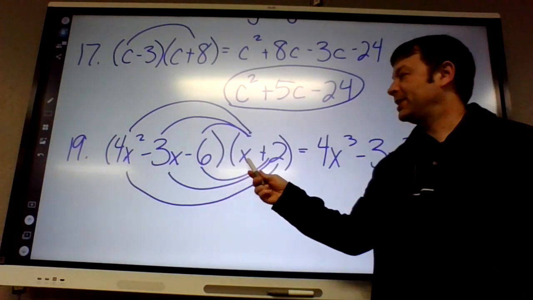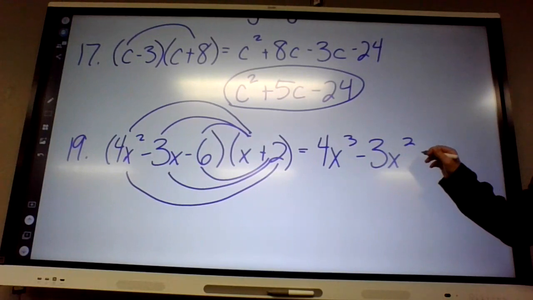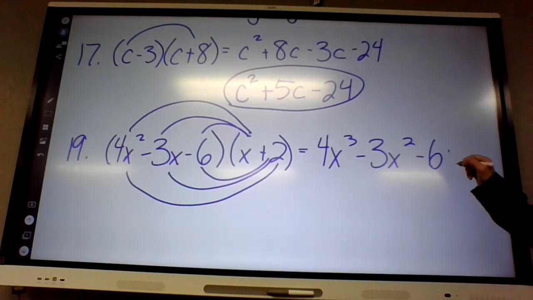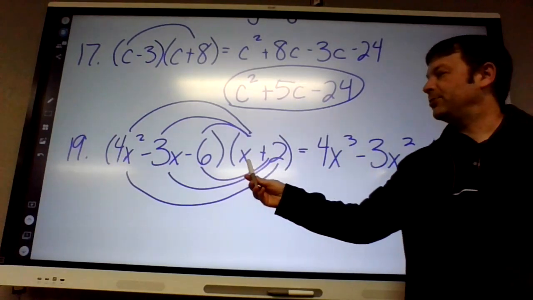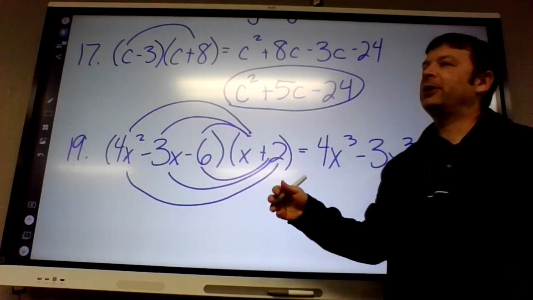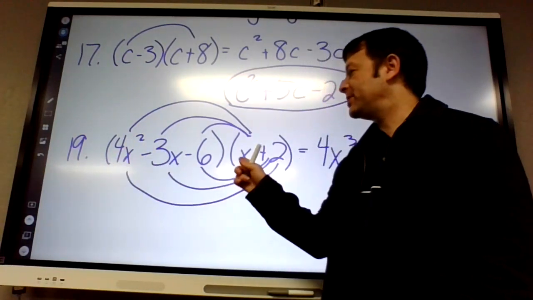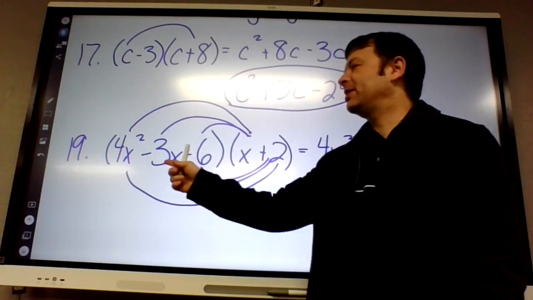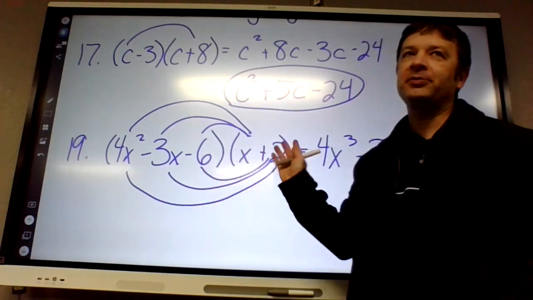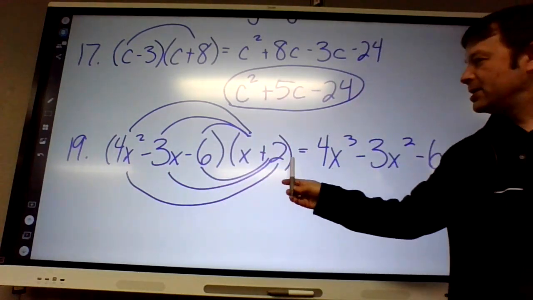And negative 6 times x? Negative 6x. Okay, and so we're done with the x. Now, oh, I remember what I was going to say. We could also go backwards. You could do 4x squared times both of these, negative 3x times both of these, negative 6 times both of those. That would also give you the same answer.